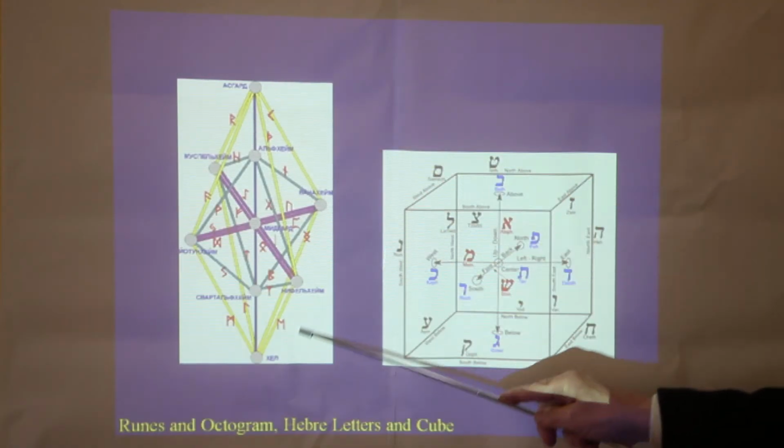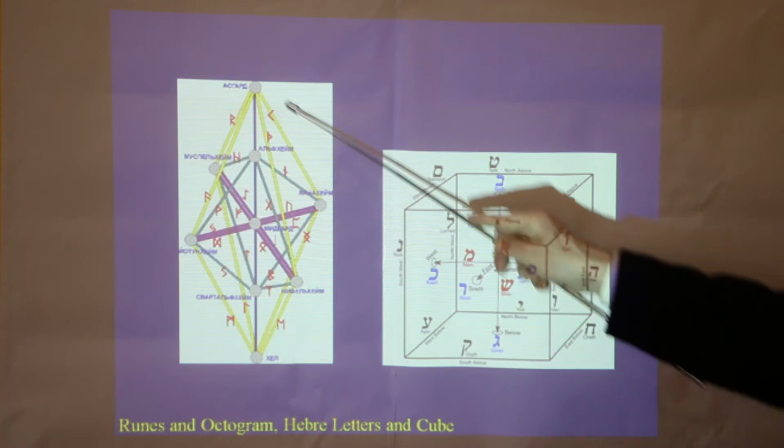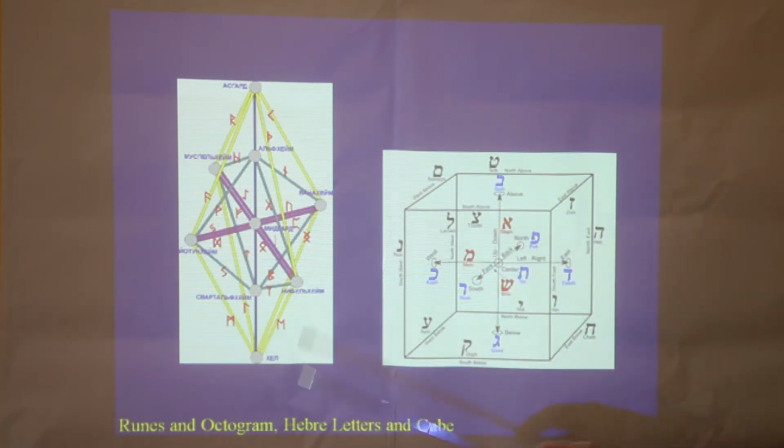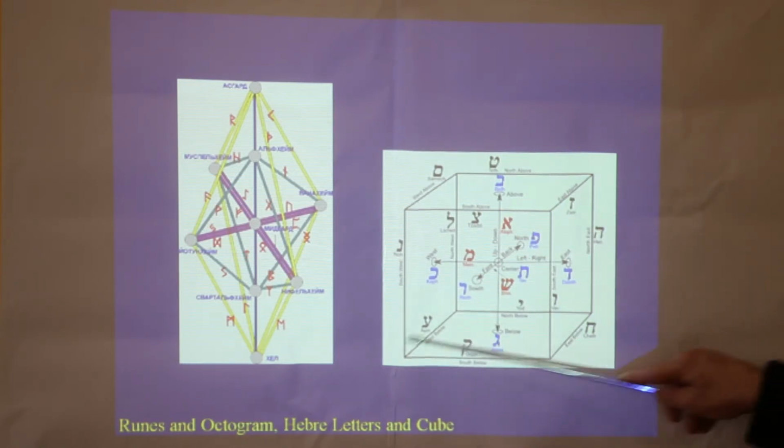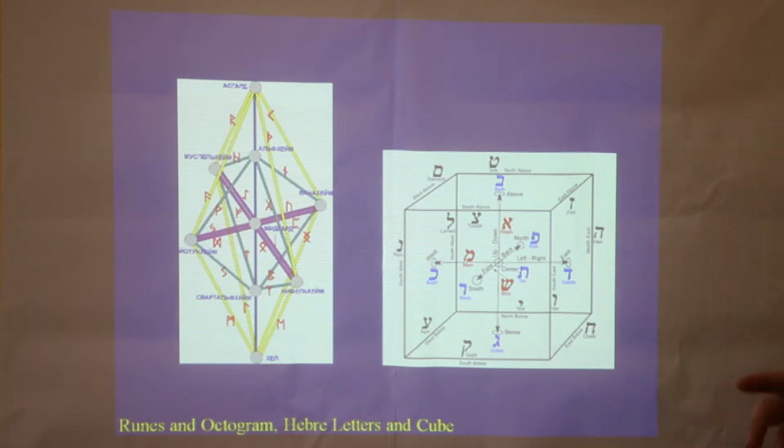The next chapter links this with shapes and numbers and shows you that you can take those runes that we were showing and link it with an octagonal shape, which is also the tree of the world or the tree of life. And the Hebrews then link this with a cube, and you use the cube to create the space not only of discussion but of the whole of all the sounds.